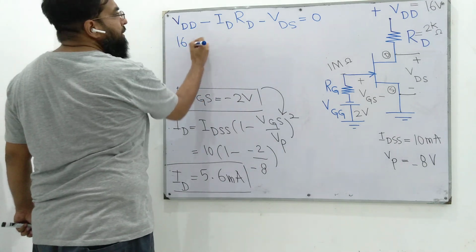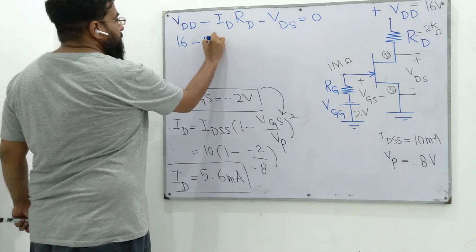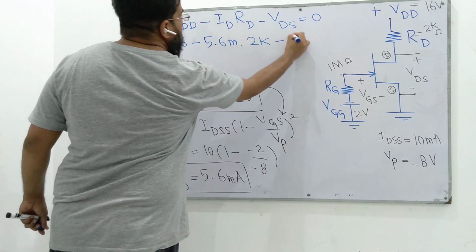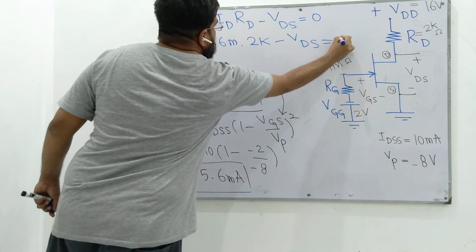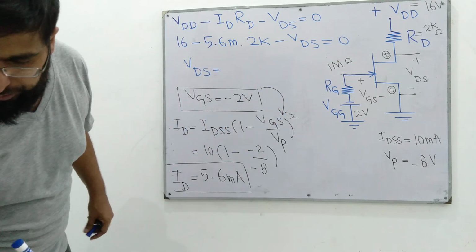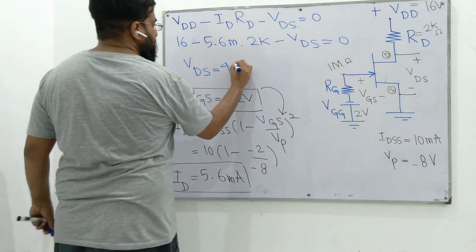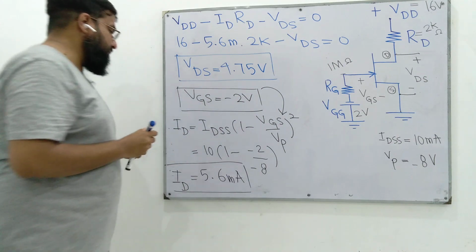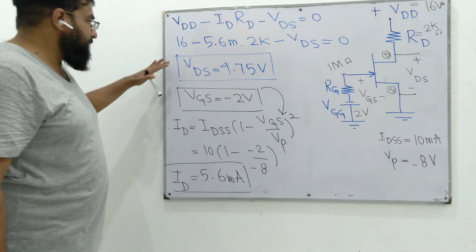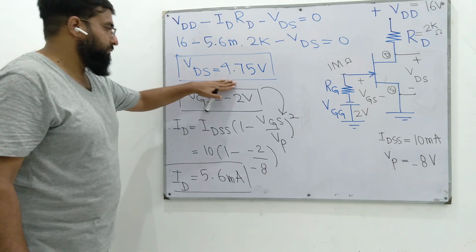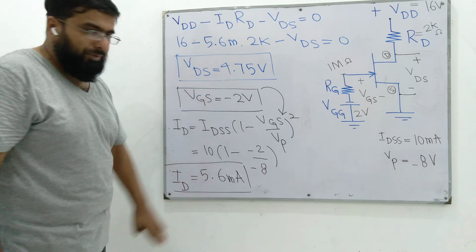VDD is 16, minus ID, which we have just calculated as 5.6 milliamperes, times RD given to be 2K, minus VDS is equal to 0. So this gives us VDS equal to 4.75 volts. Once we have these quantities, we can find the bias point. The bias point is VDS of 4.75 volts and ID of 5.6 milliamperes.